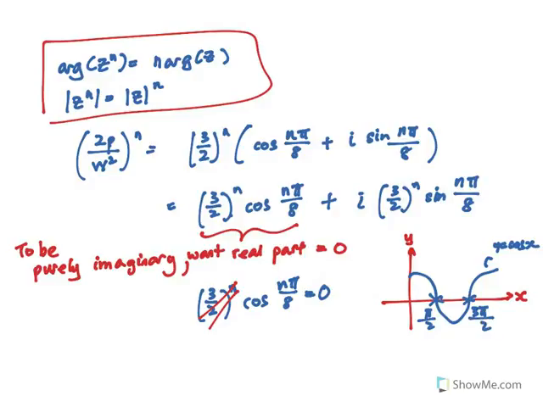So this means that n pi over 8, the basic angle, could be equal to pi over 2, 3 pi over 2, and so forth. If you want to go backwards, it can also be negative 3 pi over 2, or negative pi over 2.